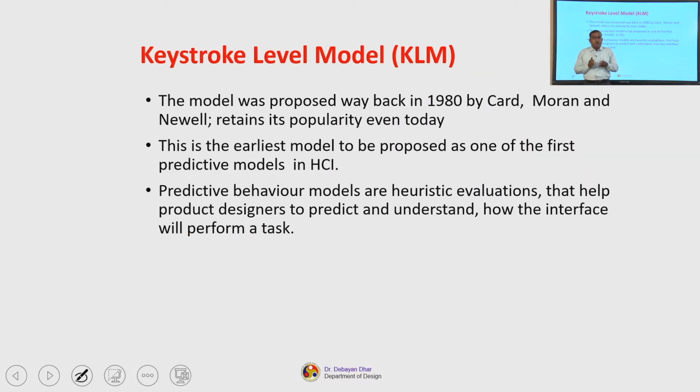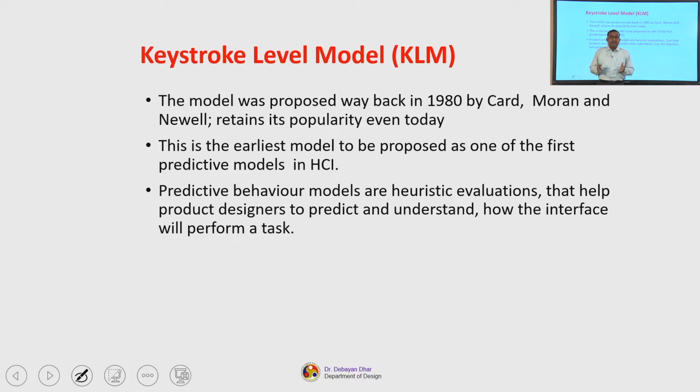The first cognitive model that we are going to discuss today is known as the KLM model. KLM is the acronym; it means Keystroke Level Model. Now, this model was proposed way back in 1980 by Card, Moran and Newell, and it retains its popularity even today.